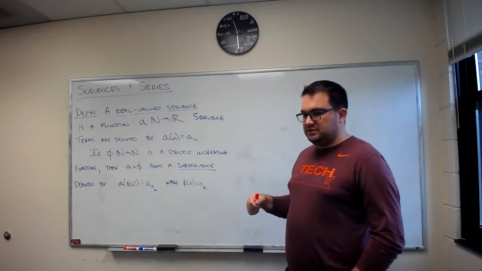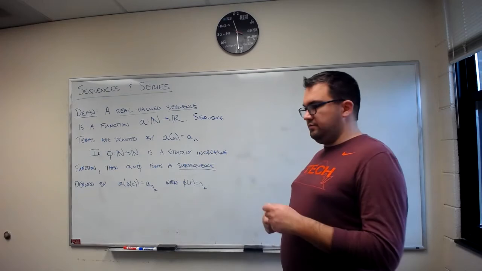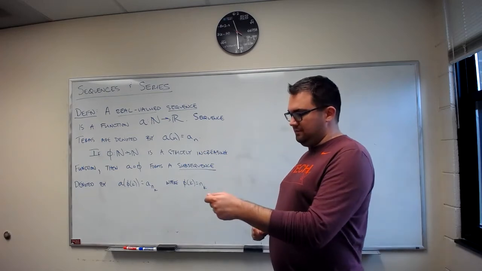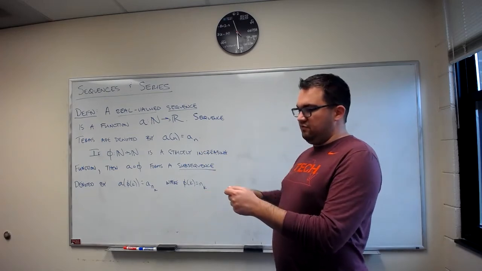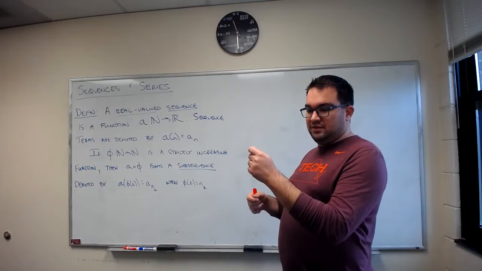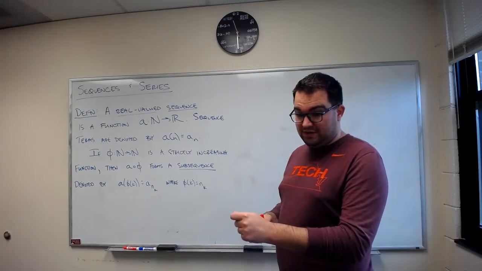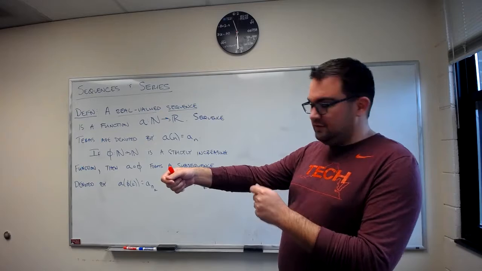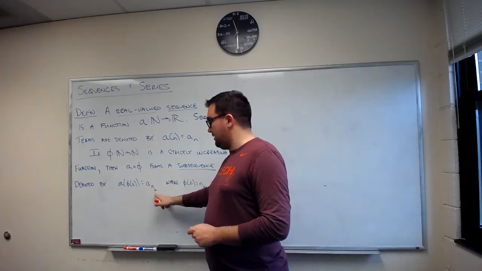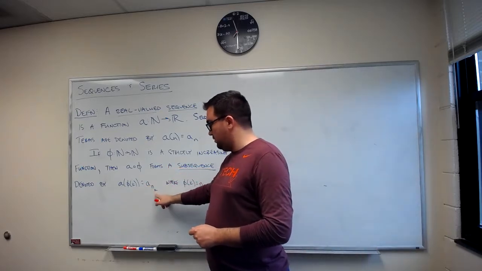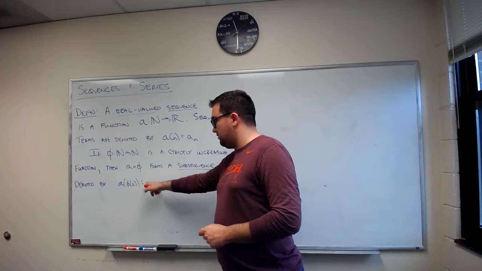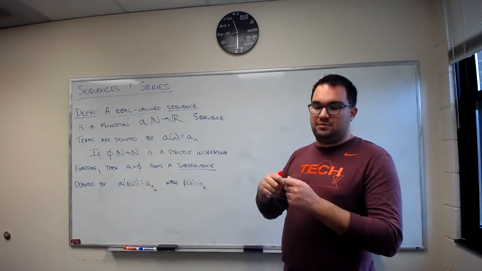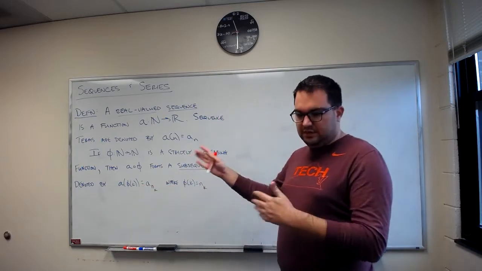The idea here is, when k is 1, let's say that phi of 1 is 4. That tells you that the first thing you're going to take in your subsequence is the fourth element of your original sequence. So a sub n sub 1, well, n sub 1 would be 4 in that case, and the first element of your subsequence would be the fourth element of your original sequence.